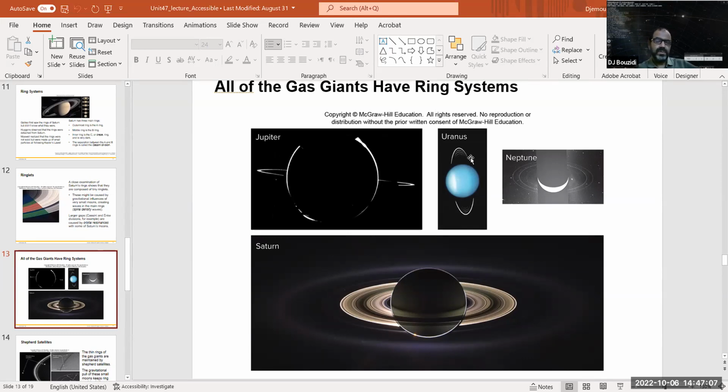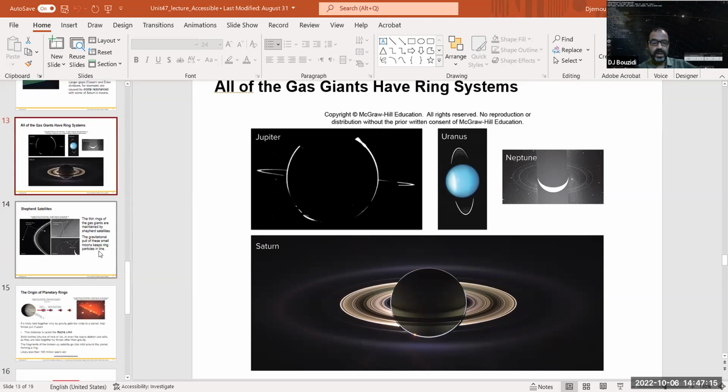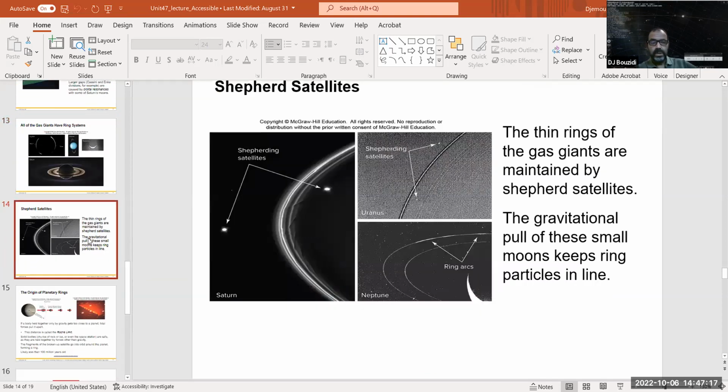The point being in here is we discovered that the rings exist for the others, and then we started studying them extensively, and we saw that the ring structure exists for all of the other planets, okay? So again, I mentioned the shepherd moons in here and how they regulate and organize these rings and create those divisions, okay? Those are tiny moons, not big moons, the ones we were talking about. They don't even have regular shapes.